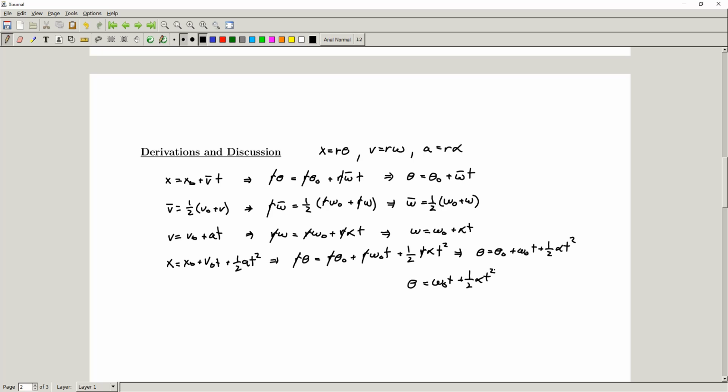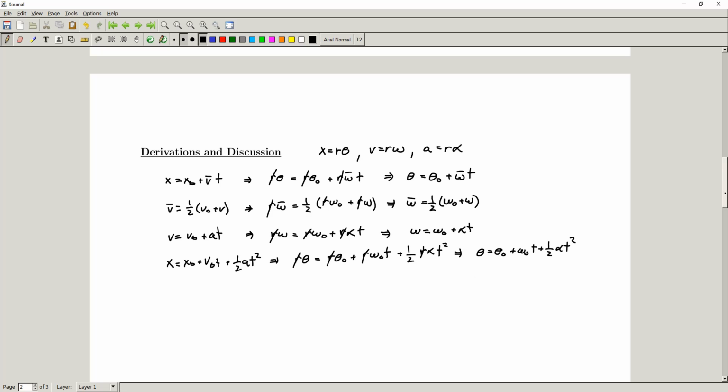What they're just saying there is that they've selected their theta naught to be 0, right? So they're just starting from wherever the sort of rotational experiment starts. They're calling that their 0. This form that we have written down, the one that we just generated, is a little more general. You could start with some non-zero theta naught, so I like to use it in that form. But the one in the textbook will suffice for a lot of other things, right?